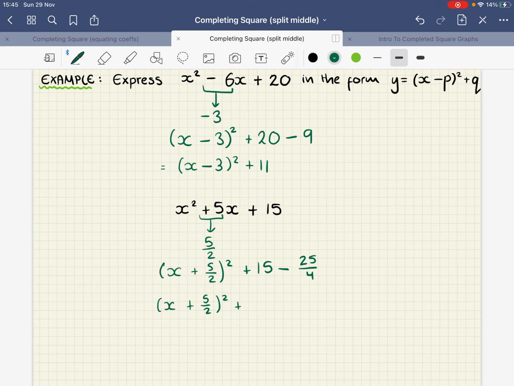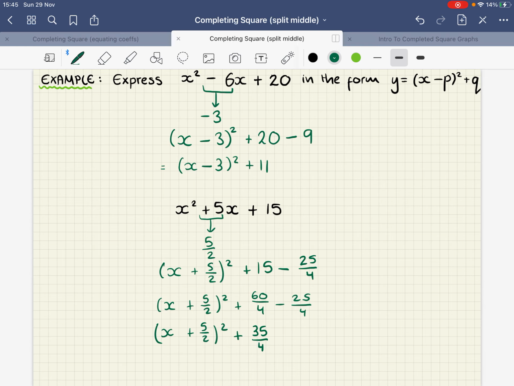So 15, that would be 60/4. So that final answer there would be 35 over 4. So that's the sort of thing that you need to be careful of for this question.